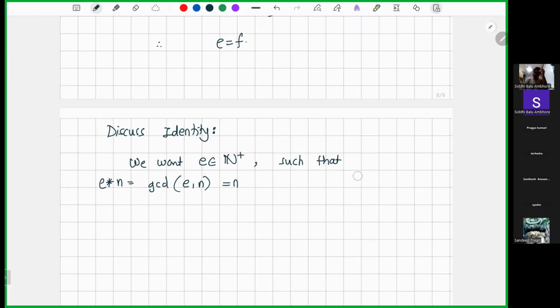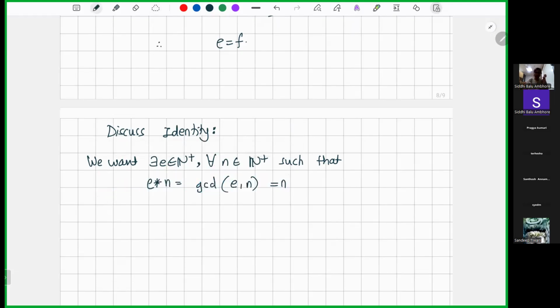this is not how it should be written. So we want, such that for all n in N plus, this happens. That E, when I multiply with n, it again gives me back the same element.